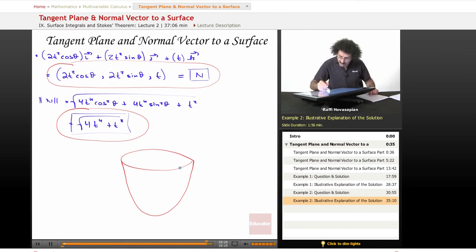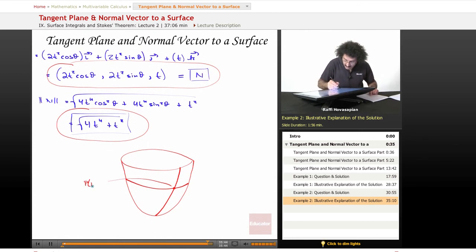There's going to be some particular curve that's going to go this way as you hold one of them. If you fix theta and vary t, you're going to get this thing. If you fix t and vary theta, you're going to get that thing. This point right here is a particular p of t theta.